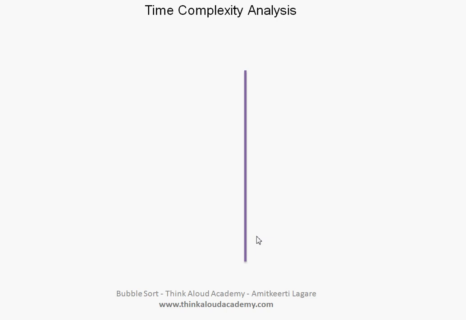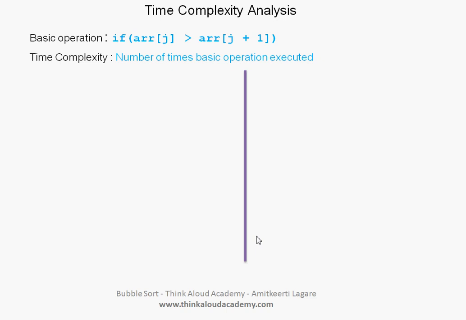Now let's look at the time complexity analysis of the bubble sort algorithm. In the code that we just saw, the basic operation is the if statement, and time complexity is generally the number of times the basic operation gets executed.